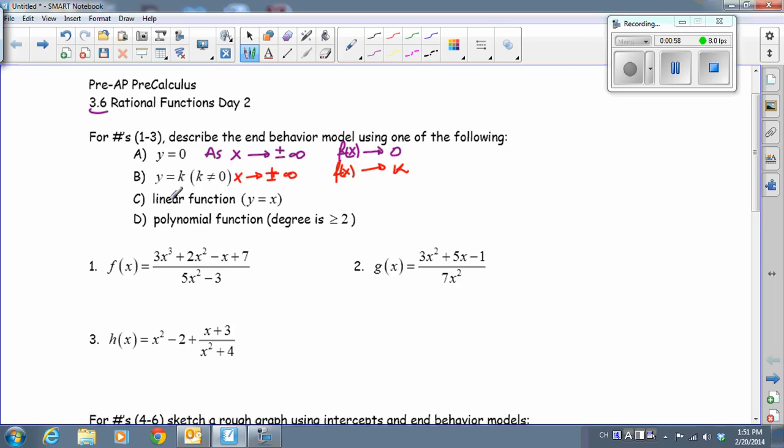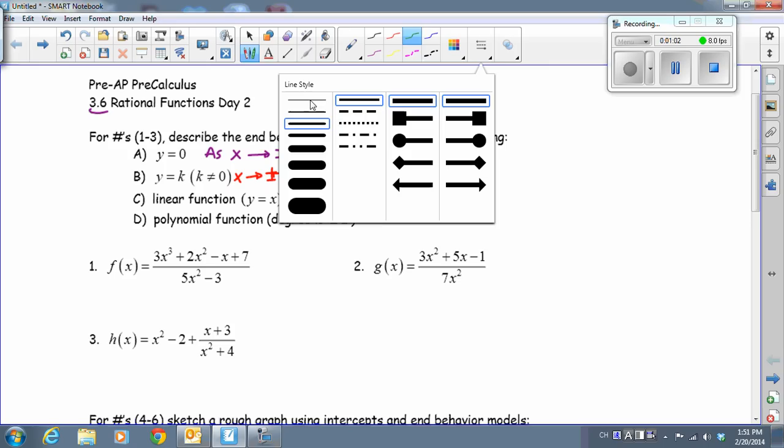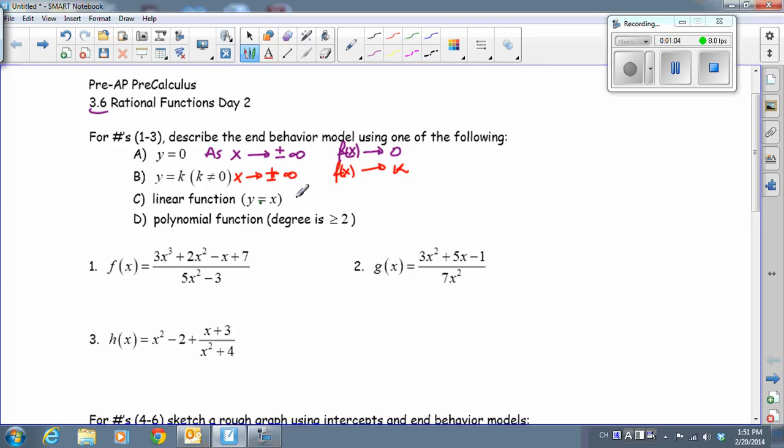Now, what will happen if you have a linear function y equals x? With a linear function, as x approaches infinity, if you make x a big positive number, y will also approach infinity.